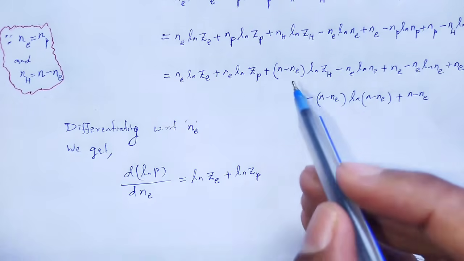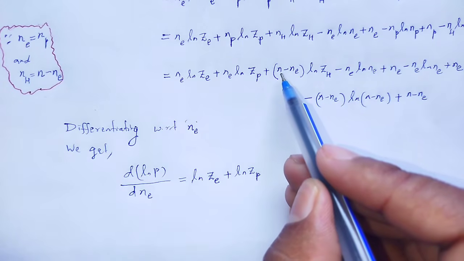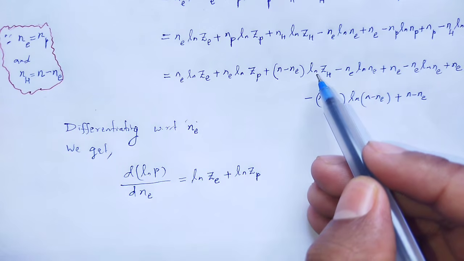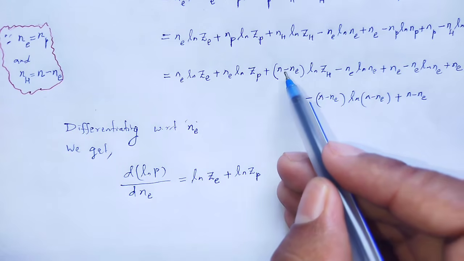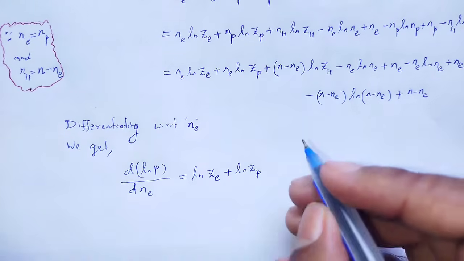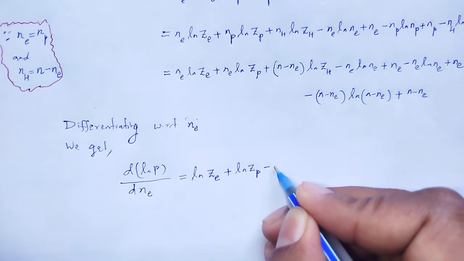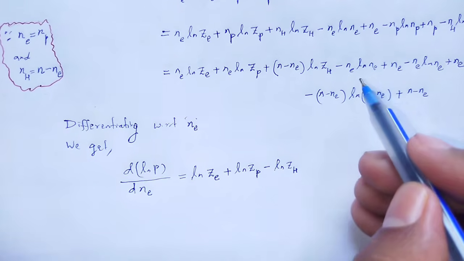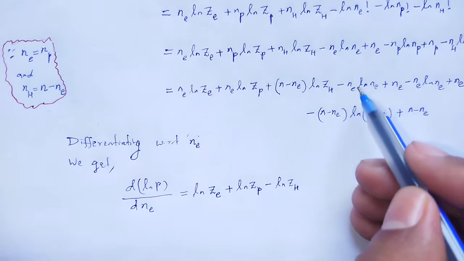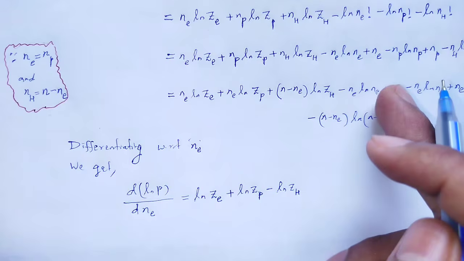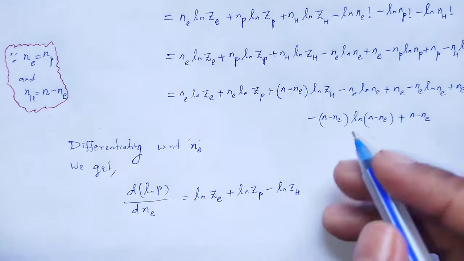In that term, first term as ln Z_h times minus N_e, as minus 1, minus ln Z_h. Again here, differentiation of first term, second term as constant, differentiation of second term, first term as constant.